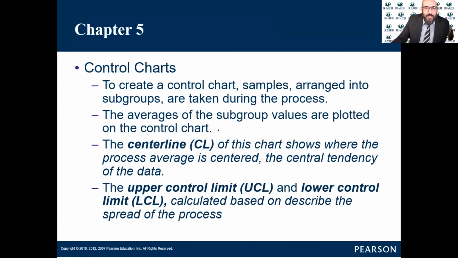All right, to create the control chart, first of all, samples need to be created or data collected, arranged into subgroups and taken during the process. So you go observe the process the first time, and you take 4 measurements, for example, or you take from each production line 4 pieces to measure the length for a process.